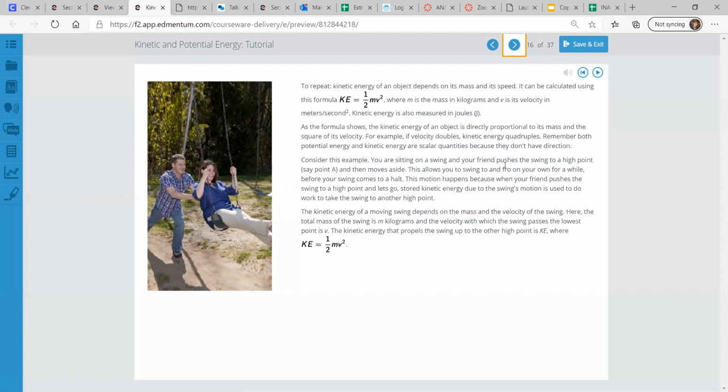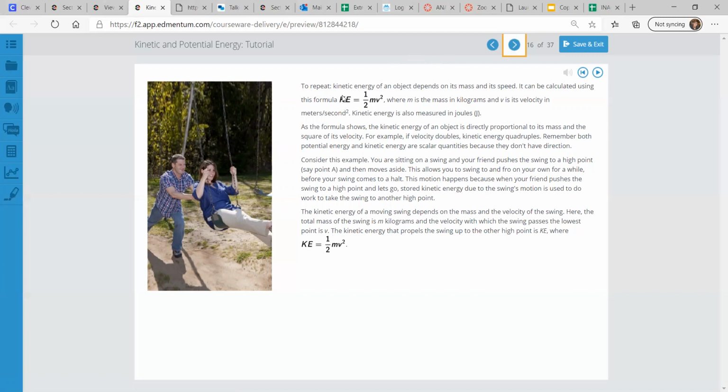But it's important to note that kinetic energy is directly proportional to its mass and the square of its velocity. So for example, if you double the mass, you're doubling the kinetic energy.